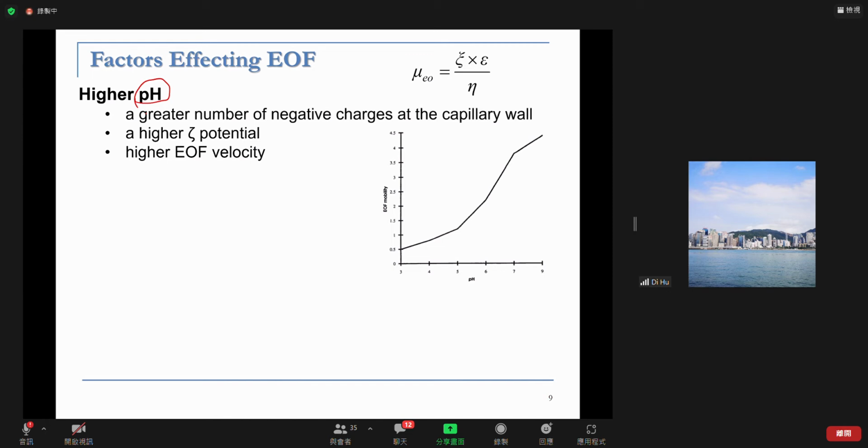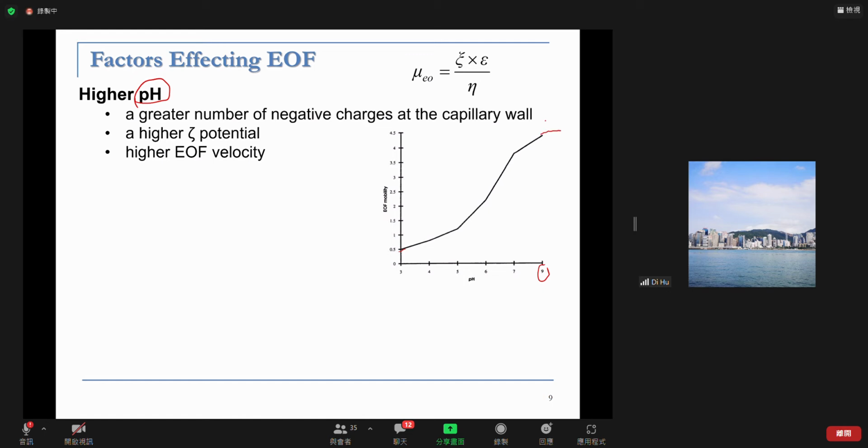So you can see this is a relationship between the pH and EOF mobility. We can see it start at 3 because now the sunlight group start be ionized, and with increasing pH, more sunlight group ionized, and then it's about pH equal to 9, and then so about almost fully ionized.